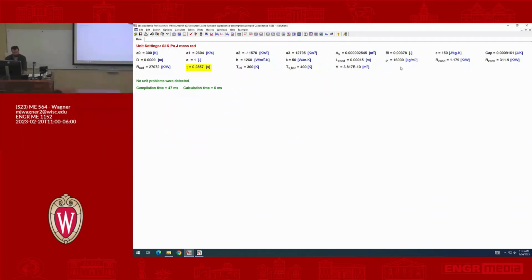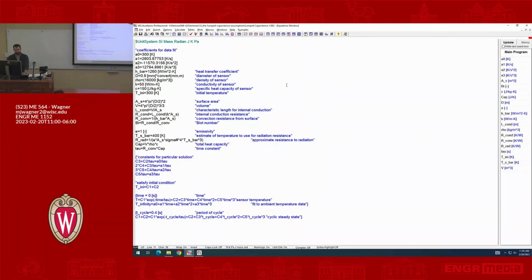Okay. So where did the T bar come from? Yeah, so T bar, that's a good point. So for this, what you'd say is, I actually don't know what the temperature of the sphere is going to be, but I do know it's going to be somewhere between ambient temperature and, say, the maximum that's shown on that plot or initial temperature. Sorry, let me go back here and show you.